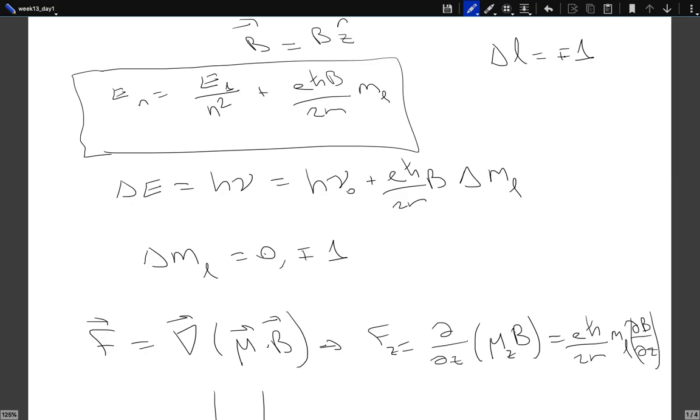And probably, again, from your optics courses, you remember that light can be linearly polarized or circularly polarized. Circularly polarized photons can be left-handed or right-handed. They correspond to the ms is equal to +1 and ms is equal to -1 cases. The photon cannot have ms is equal to 0.